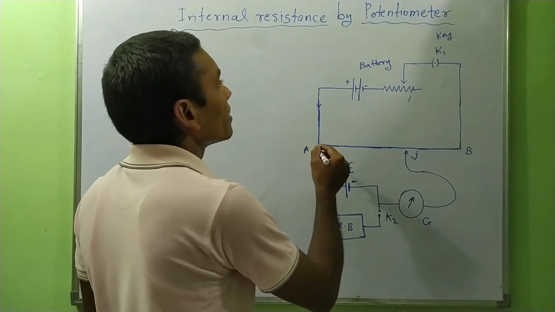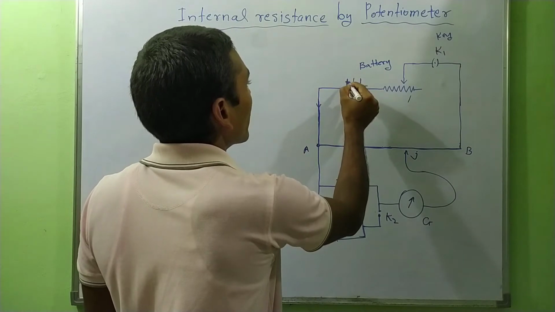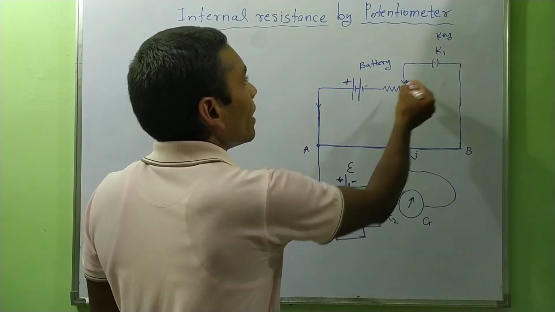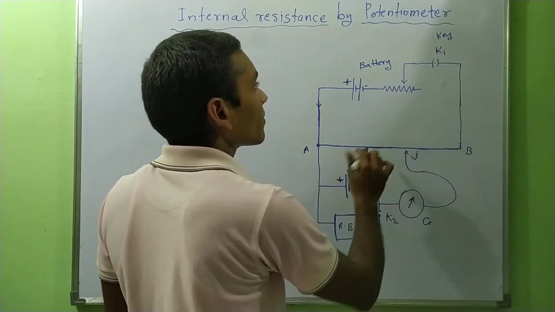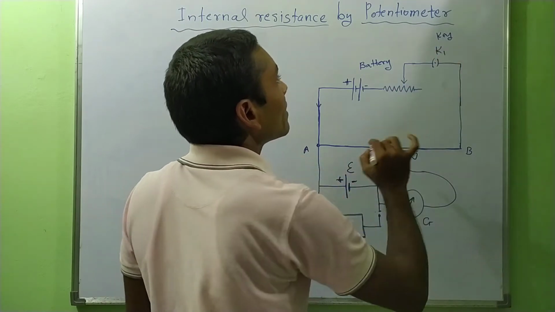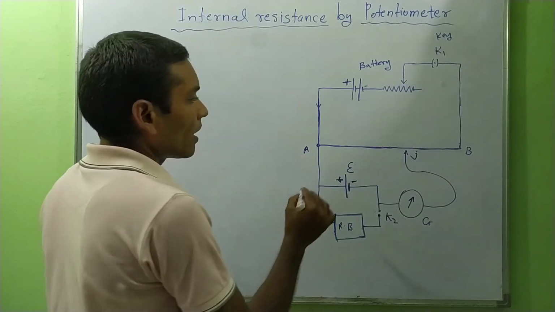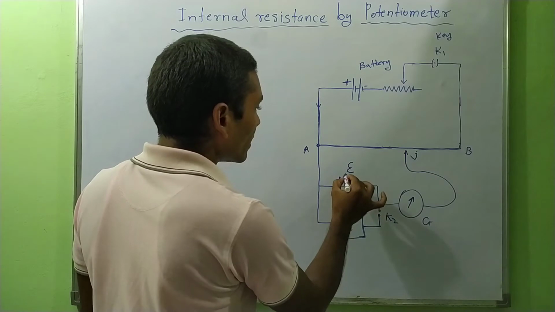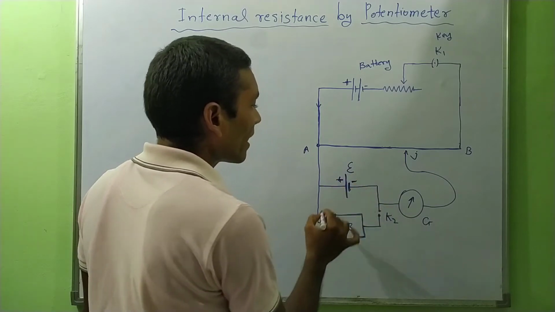Okay, so this is the diagram of the potentiometer. This is the driving battery, this is the rheostat, this is the key K1, and here this is the primary cell.